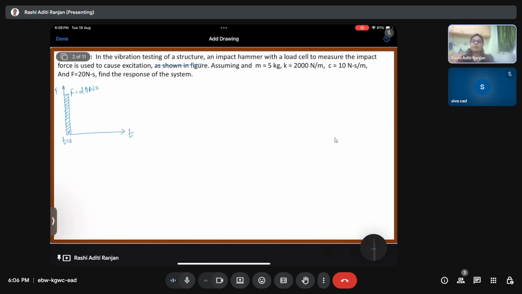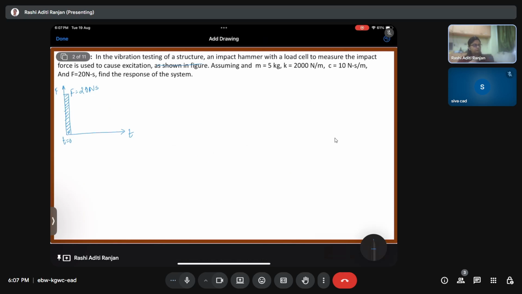Basically, this is a high amount of force applied to the system for a small amount of time. The total effect is taken by the area under the curve, which is the force F dash into time, and the total value is given as 20 Newton seconds.